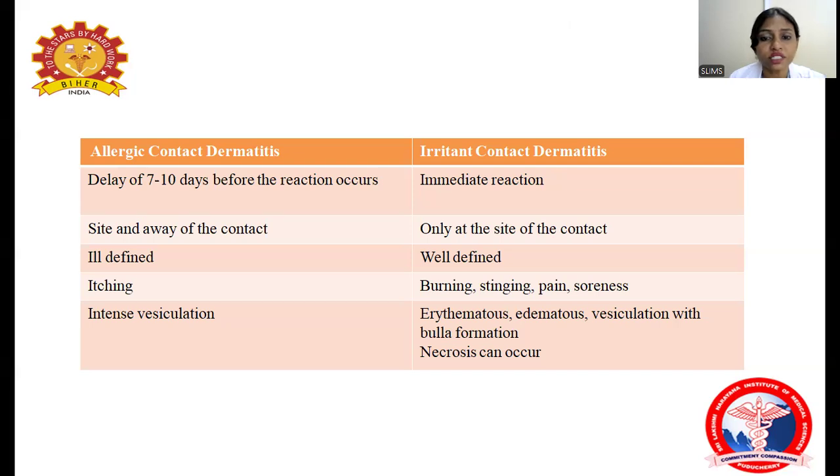Allergic contact dermatitis is ill-defined, whereas irritant is well-defined. Itching is a predominant symptom of ACD, whereas burning, stinging, pain, or soreness is a predominant symptom of ICD. In allergic contact dermatitis, there can be intense vesiculation, whereas in ICD, you can have erythema, edema, vesiculation with bulla formation, and even necrosis can occur because of the irritant nature of the contact.